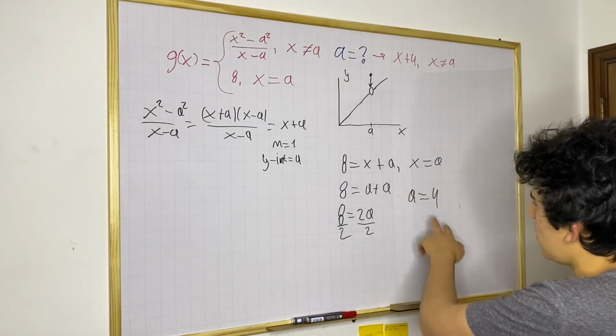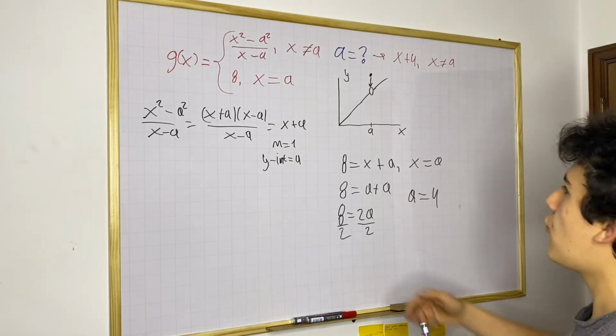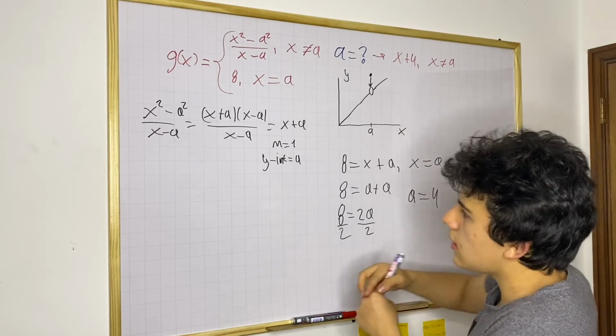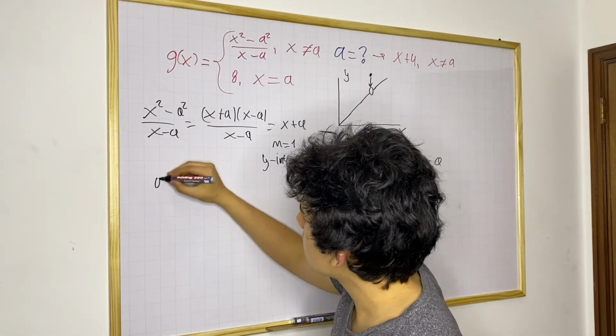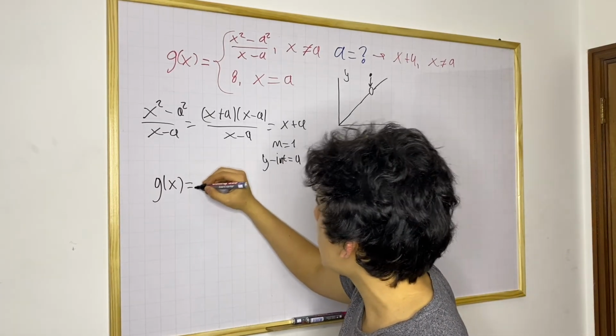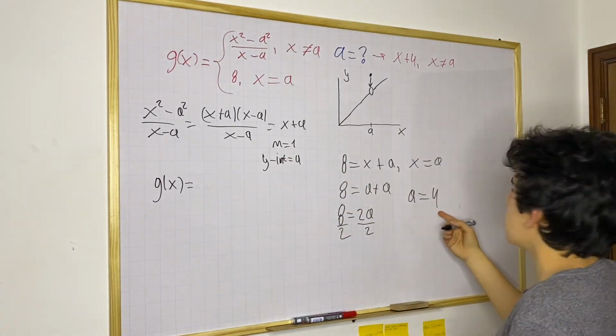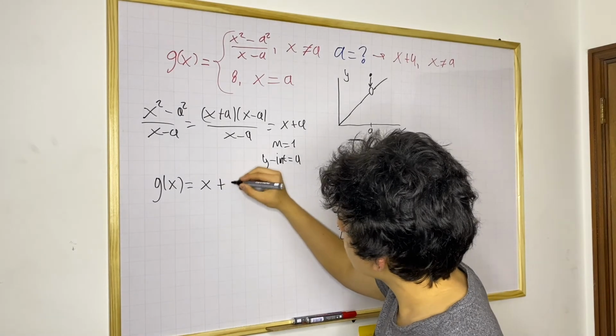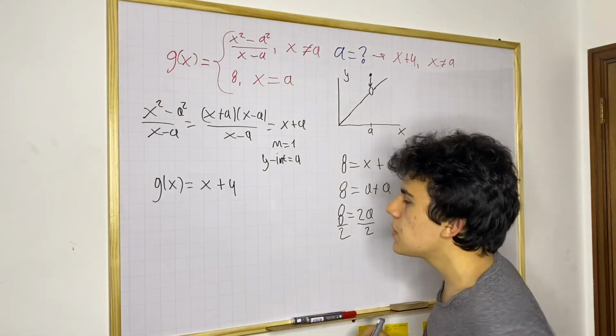Now let me show you the proof that a is actually 4. So supposing we have the function, I'm going to define once again g of x as, we know a would be our y-intercept, which would be x plus 4. The slope is just simply 1.